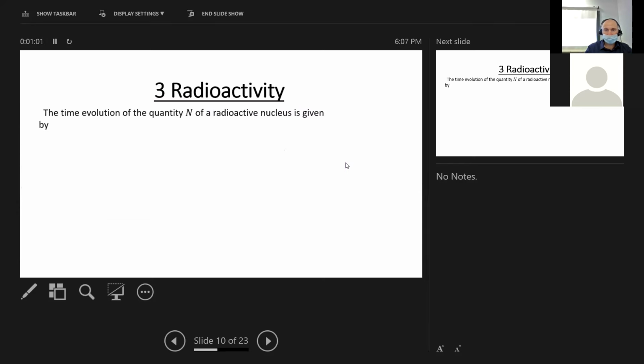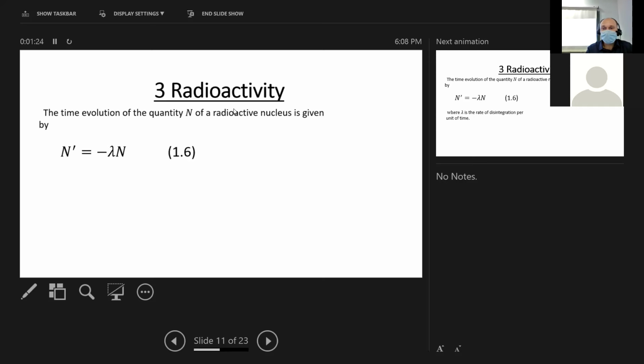So next, the example 3. It's a classical example of radioactivity. So you have a nucleus that emits some particles, and so it loses quantity.